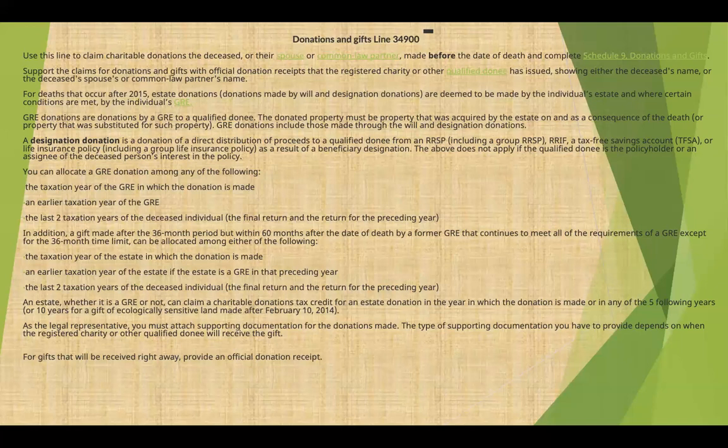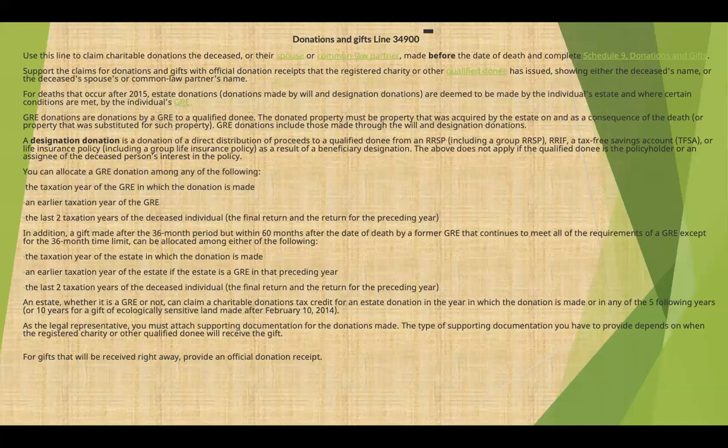A designated donation is a donation of a direct distribution of proceeds to a qualified donee from an RRSP. This also includes a group RRSP, RRIF, a tax-free savings account, TFSA, or a life insurance policy, including a group life insurance policy, as a result of the beneficiary designation.